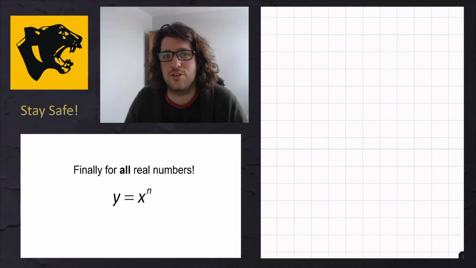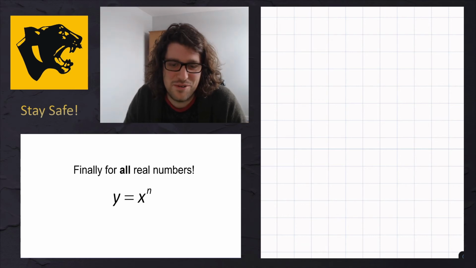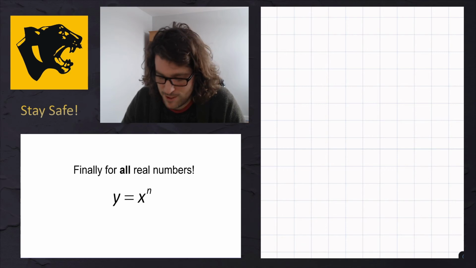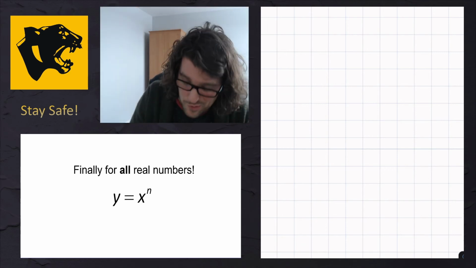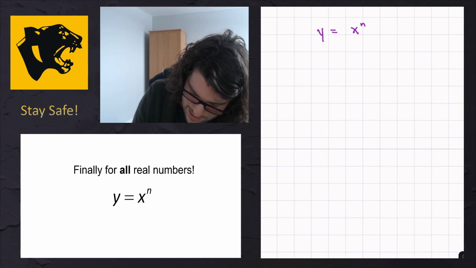So, and now back to actually showing properly that the derivative for the power rule works for all real numbers. So, when we start this out, y is equal to x to the power of n.